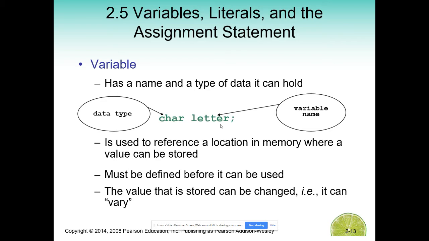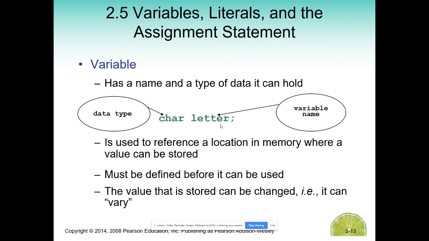So it can change what it holds, but it's a temporary location where you can save something. Now this variable has a data type. Data type means type of information you're saving in this variable. Before you give the name, you have to talk about the kind of information that it can hold. Does that make sense?